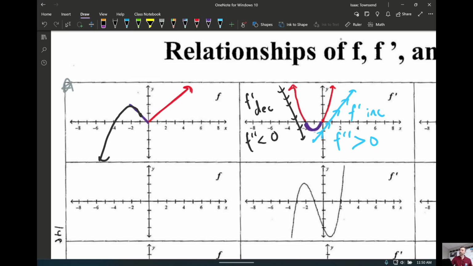And then same reasoning for the right side. When the first derivative is increasing, the second derivative is positive. When the second derivative is positive, the function is concave up. So remove this sharp turn here, add some curvature to it without messing up the increasing decreasing terms.